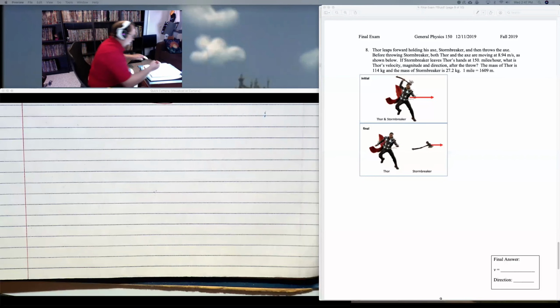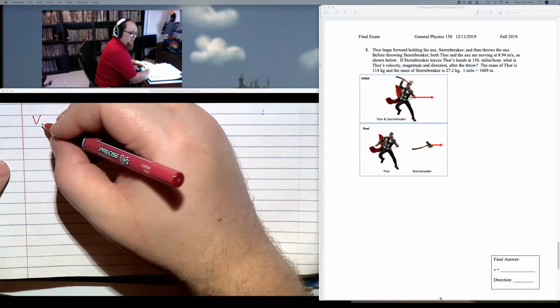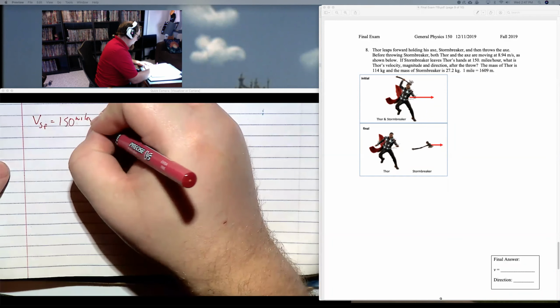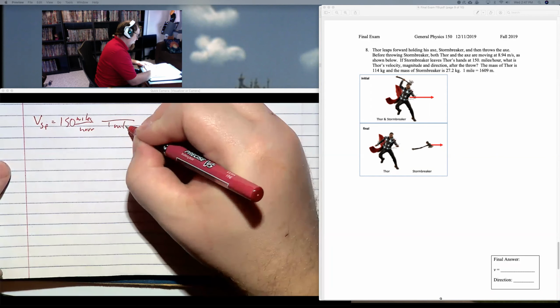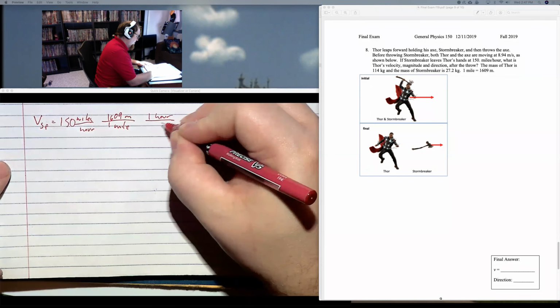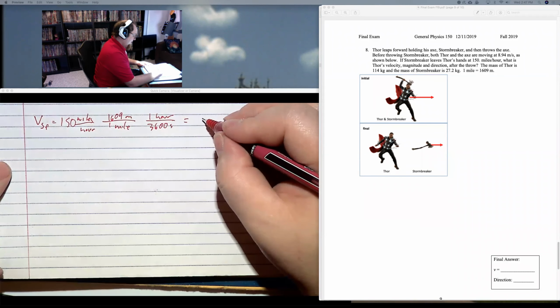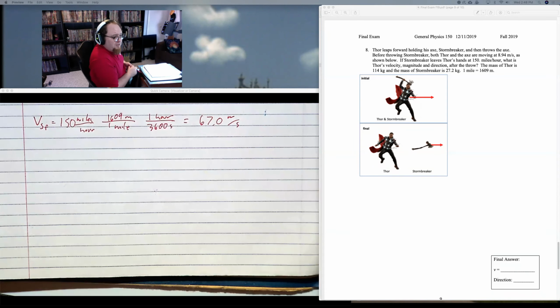But real fast, the velocity of Stormbreaker final is 150 miles per hour. If I want to convert this, 1 mile is 1,609 meters, and 1 hour is 3,600 seconds. And so that value right there is 67.0 meters per second. So if Stormbreaker leaves Thor's hands at 67 meters per second, what is Thor's velocity, magnitude, and direction after the throw?